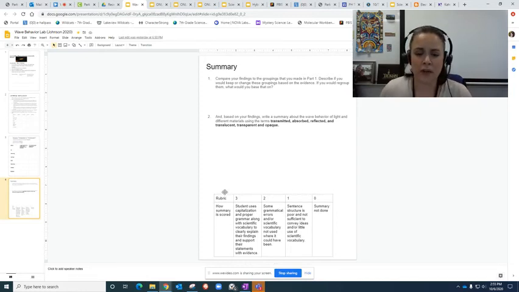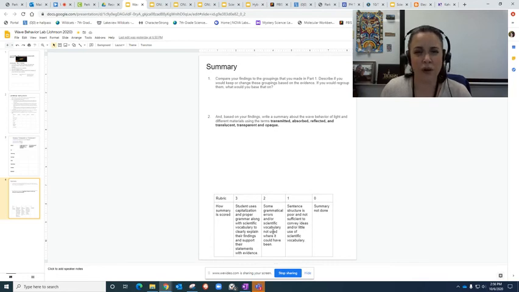In order to get full credit on this assignment, what I'm looking for is for the student to use capitalization and proper grammar, along with the scientific vocabulary, to clearly explain your findings and support your statements with evidence. A 2 out of 3 would be work that has some grammatical errors and/or the scientific vocabulary is not used where it could have been.